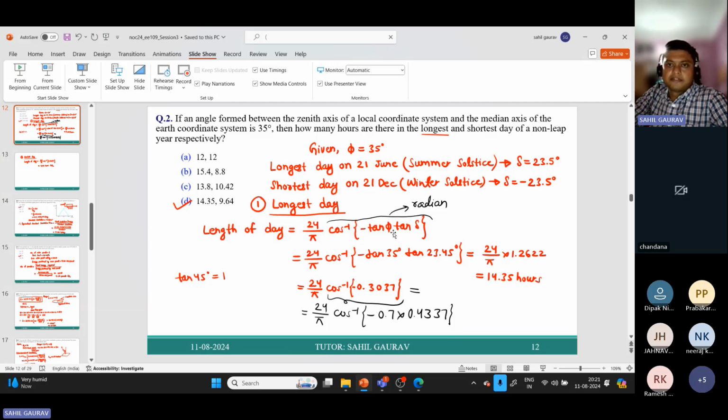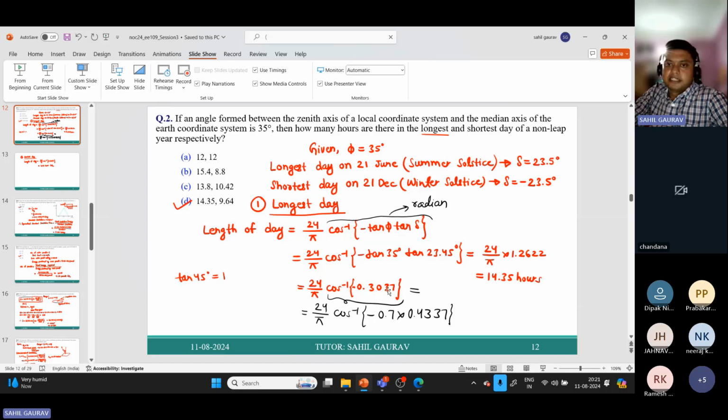This is very simple. Longest day, we know, is on the summer solstice. So you know the declination angle is 23.5, or somewhere they take 23.45. Whichever you take, the declination angle is 23.5. We know the latitude angle. So from there you can calculate the length of the day, the number of hours.